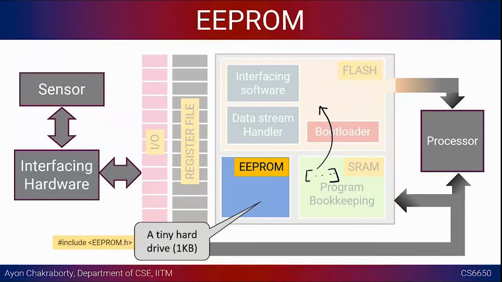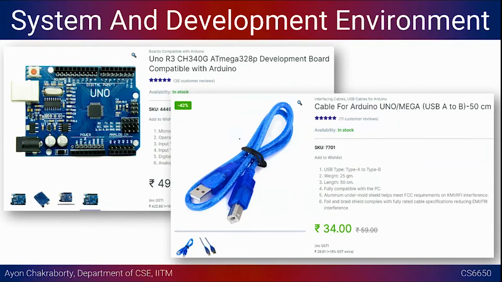You can optionally write it to the EEPROM using this EEPROM.h header file that gives you access to different functionalities. You can write bytes, write a character and read a character from the EEPROM, or there are also ways to write into the application section of the flash memory. That is also possible.